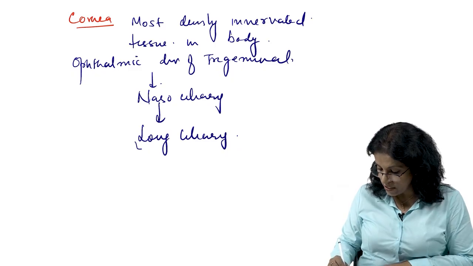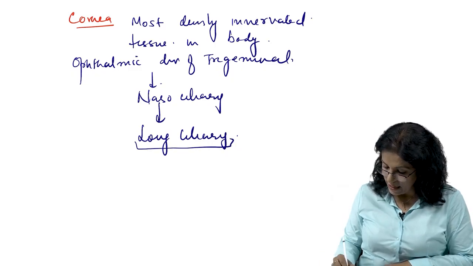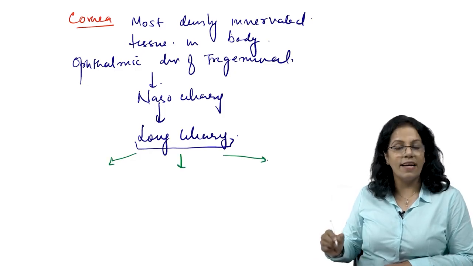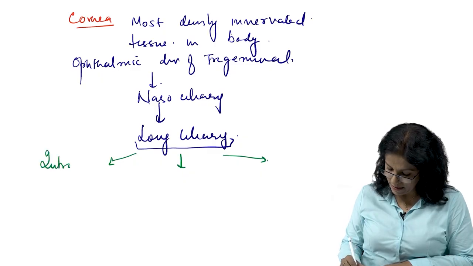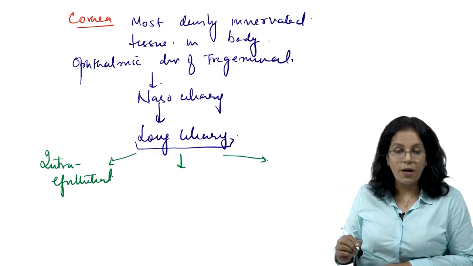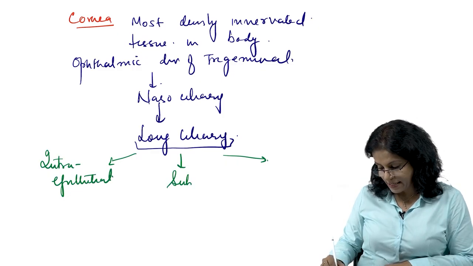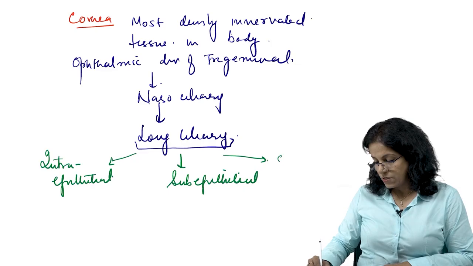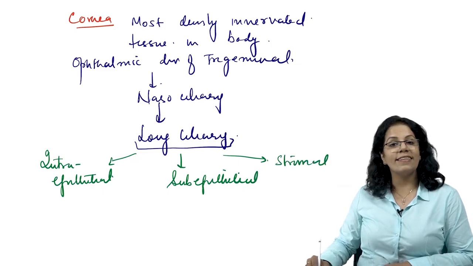Now this long ciliary, we can learn further, makes three plexuses. One is the intraepithelial plexus, inside the epithelium. One is the subepithelial plexus, and the third is stromal. Okay, so these are the three levels in which you can see the nerve supply.